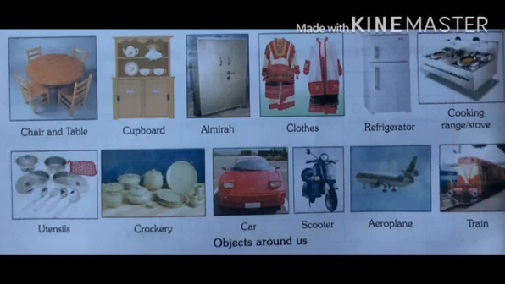Some commonly used materials are wood, metals, glass, plastics, cotton, synthetic fiber, jute, paper, clay, cement, etc. So it means that the objects around us are made up of such kinds of material.